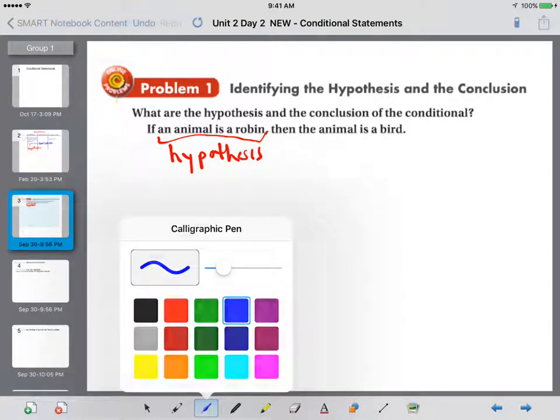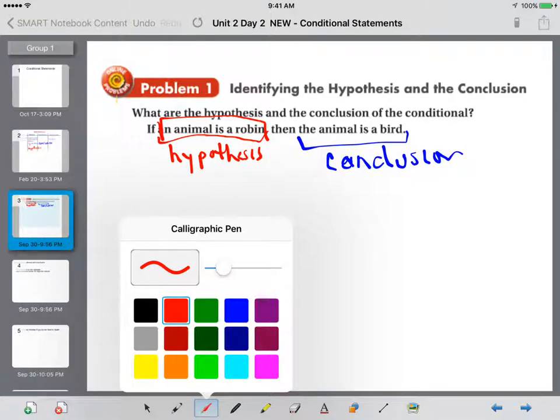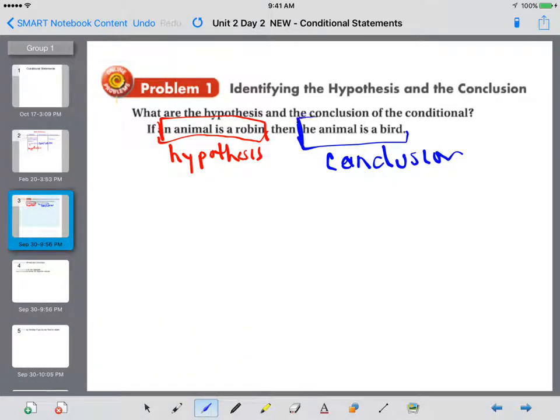Then we can conclude that the animal is a bird. Conclusion. So typically, the hypothesis comes right after the if part of a conditional statement, and the conclusion happens right after the then part. The if and the then are usually never included in the hypothesis or the conclusion.